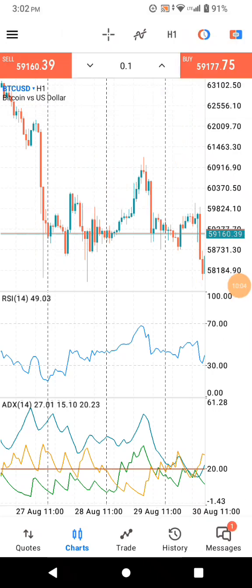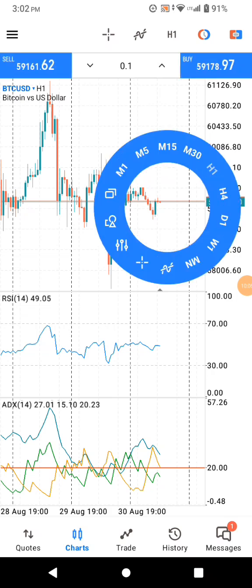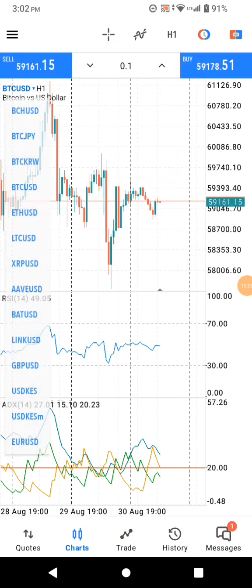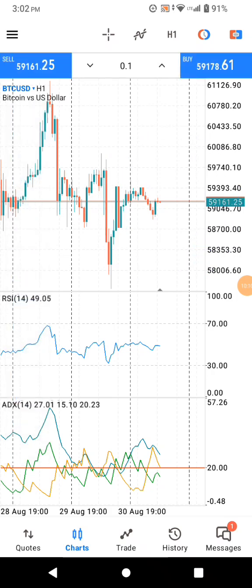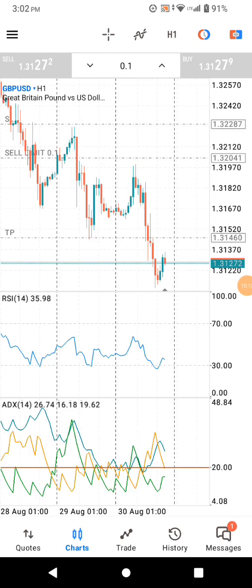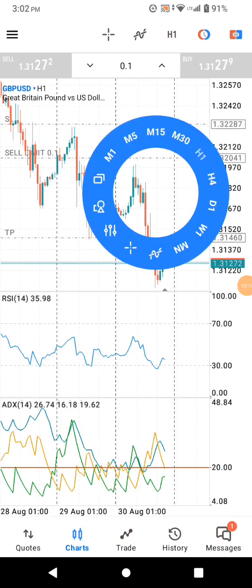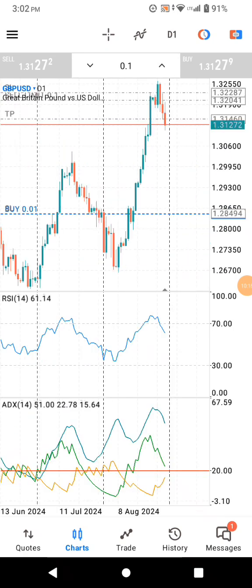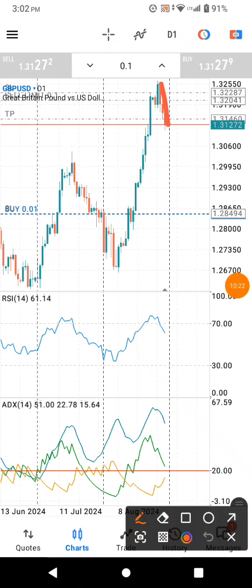I have an example on GBP USD. On GBP USD, you can see we have a minor trend here. This is the minor trend. I'm sure you guys don't know that this is a trend. Those 3 candles are the minor trend that we're having.